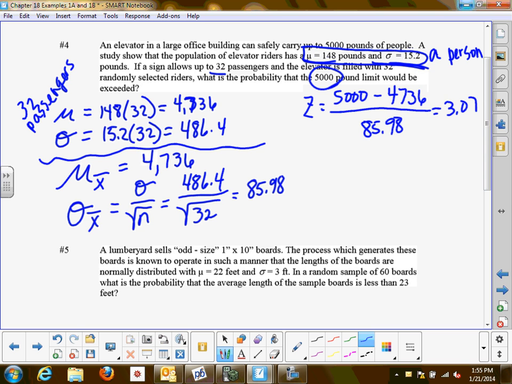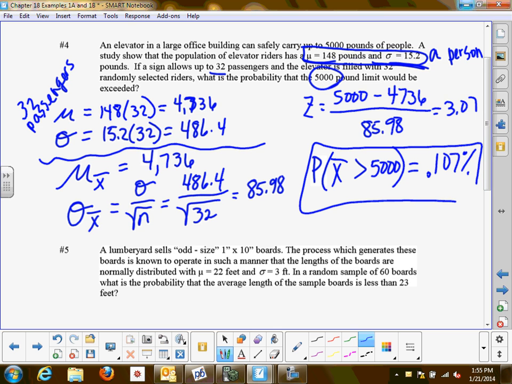It's not likely to be going over the limit. So the probability that I'm going to get a sample of 32 people that is greater than 5,000, okay, you guys can go ahead and go, is this small, 0.107%. Yay, so they'll probably all live. That's good.